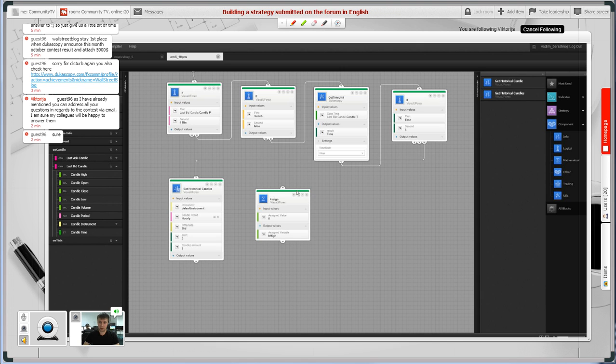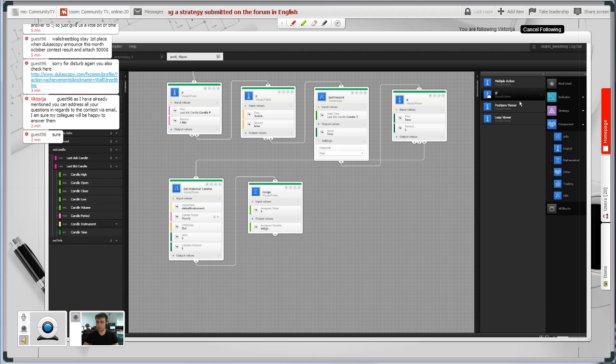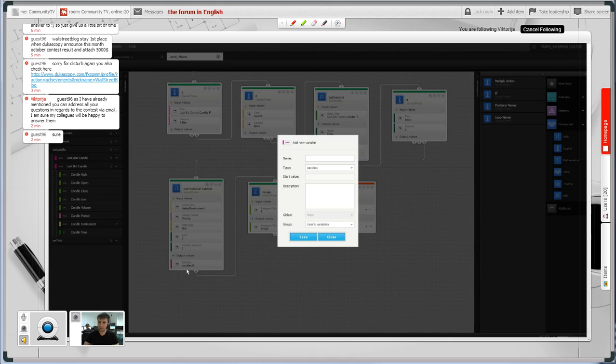Got it. We assign highest high and we go to the cycle. With the loop, we check all these candles. Oops, I forgot to assign this variable. Okay, 6 candles.